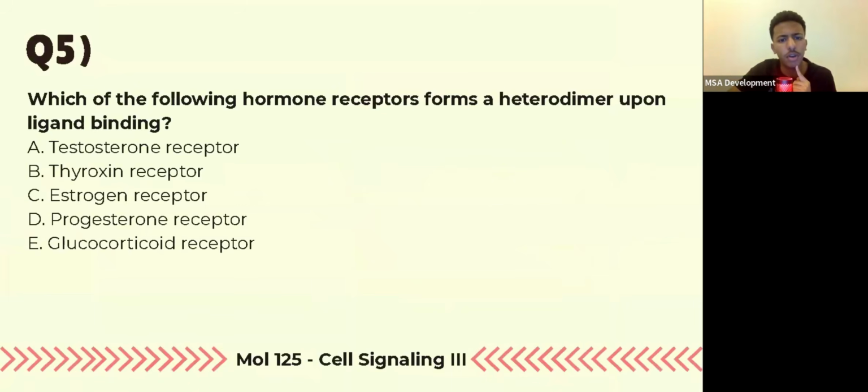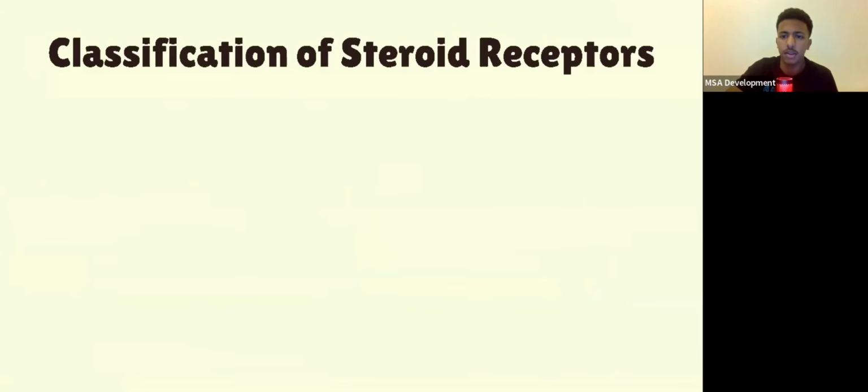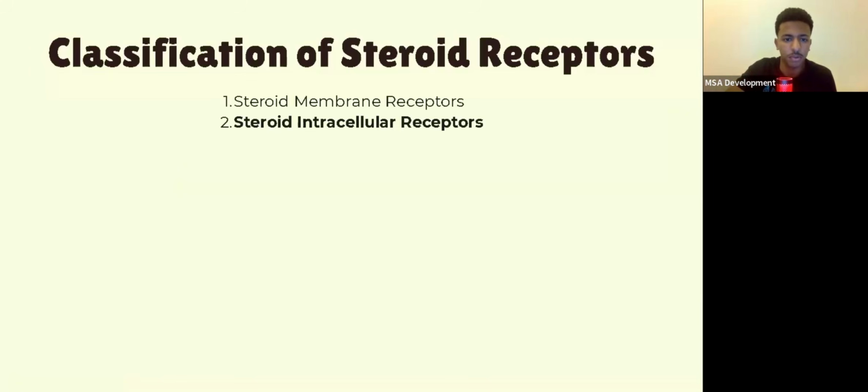Question 5. Which of the following hormone receptors forms a heterodimer upon ligand binding? This is where it gets interesting. 3, 2, 1. Okay, let's explain. So we have two major classes of steroid receptors. The first one is steroid membrane receptors, which we're not interested in.